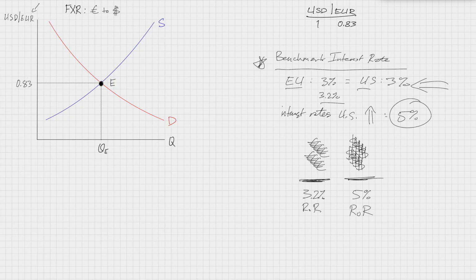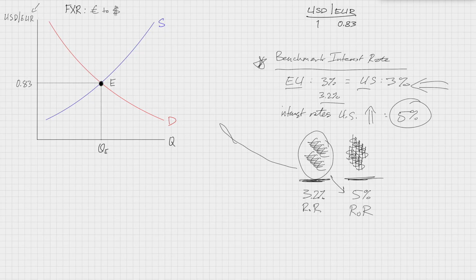So if I'm sitting in the European Union with all these euros, I'm saying I would much rather earn 5% on my money than this paltry 3.2%. So what happens? The demand, obviously, for US dollars with euros will increase.